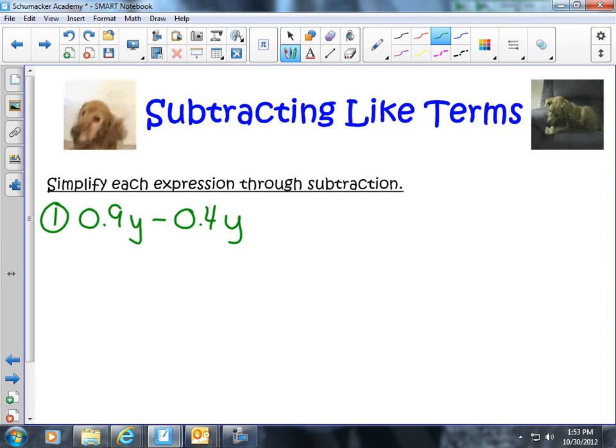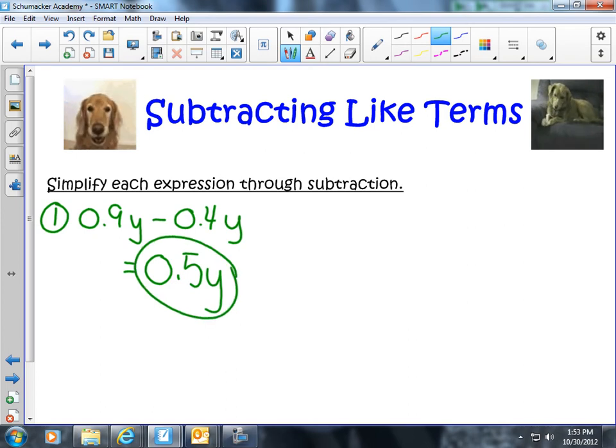These are terms that have the same variable attached to them, the same algebraic terms with the same variable. We can subtract the decimals. We'd have 0.9 minus 0.4, which would get us 0.5, and then since it's attached to the y, it'd be 0.5y.